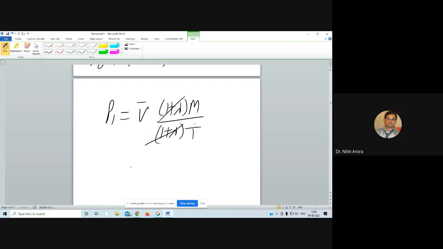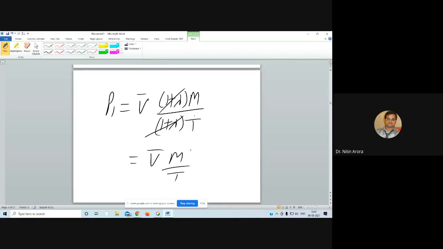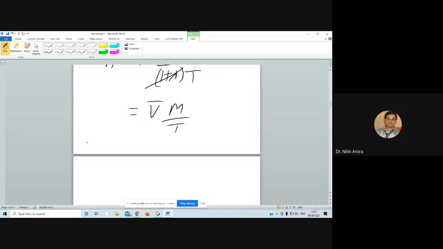This and this will be cancelled out, so ultimately V bar M upon T, which implies that P1 will be equal to P.